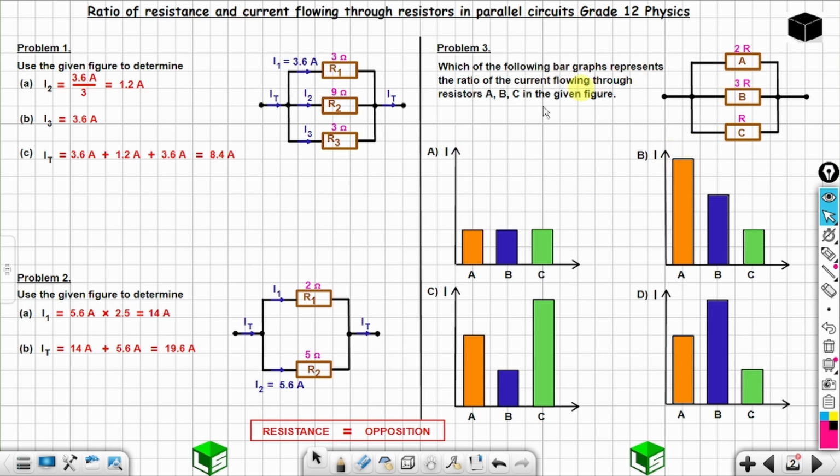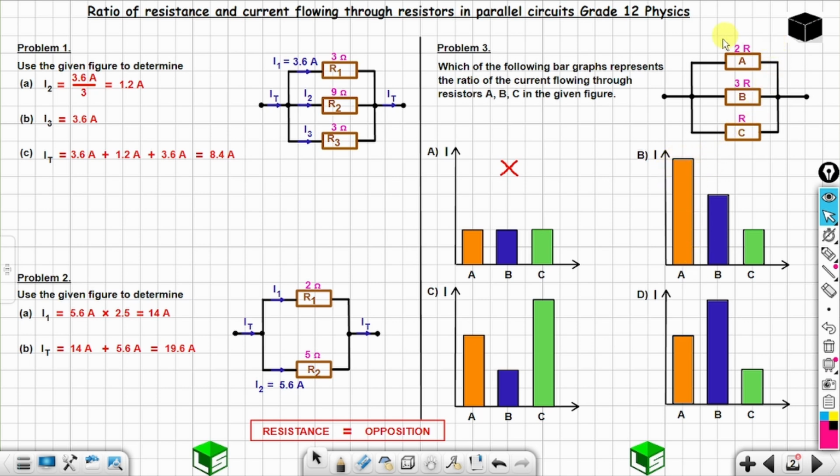So bar graph A does not represent what we have. The current through the resistors is not going to be the same, so it cannot be this. It can only be this if the value of the resistors is the same. Now B. In B, you have to see that A has got the highest current.